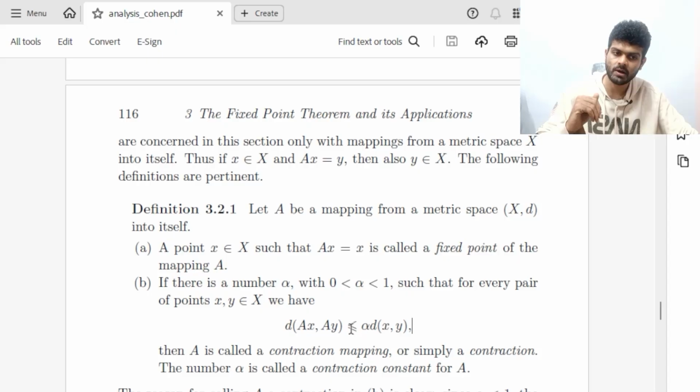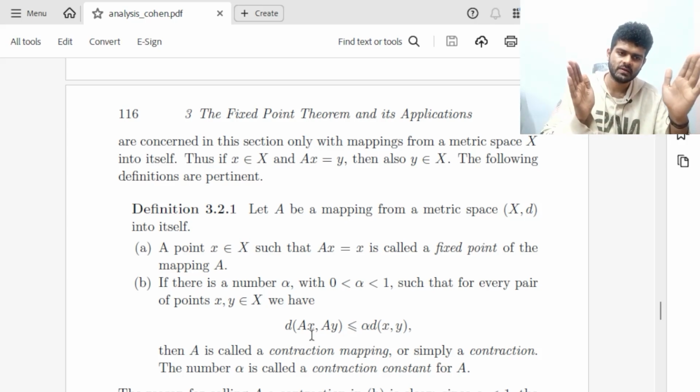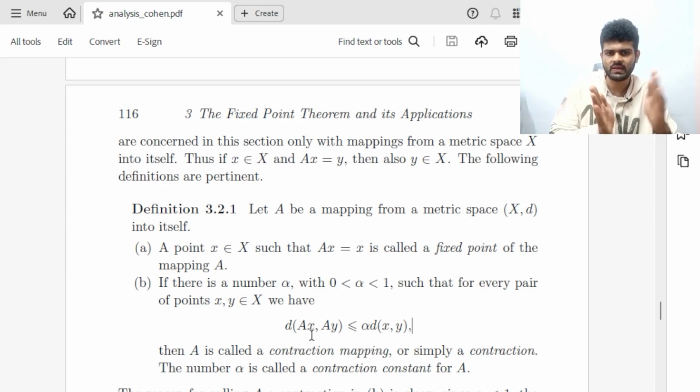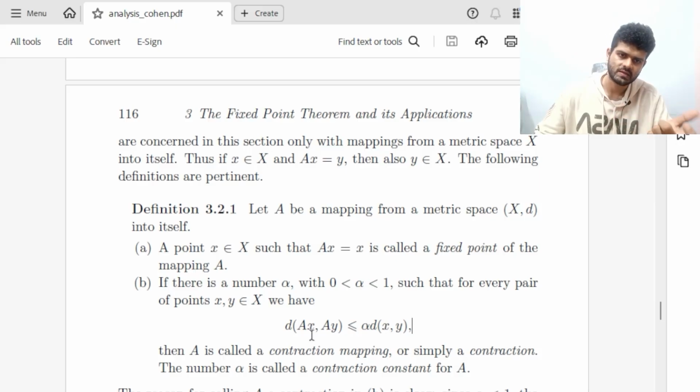It's bounded above by alpha times the distance between X and Y, because alpha is between 0 and 1. So the distance is less, as if the mapping is shrinking the distance between points X and Y. So it's a contraction mapping. That's the definition: it shrinks the distance.